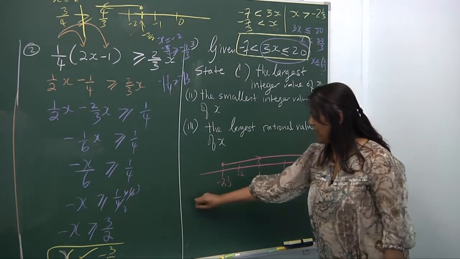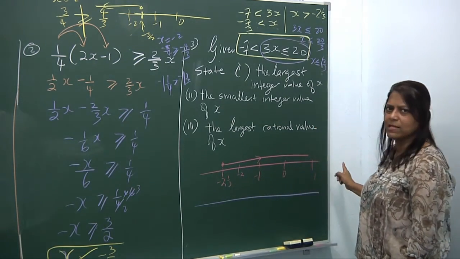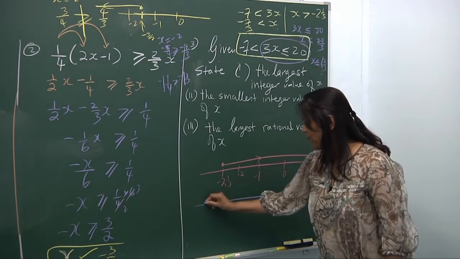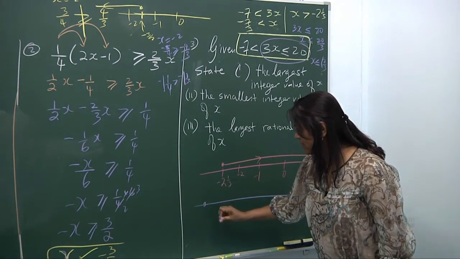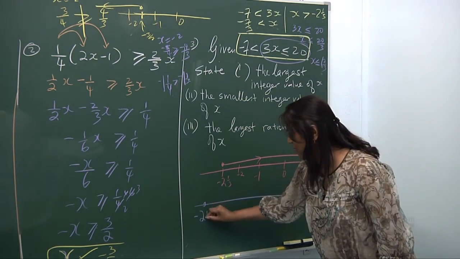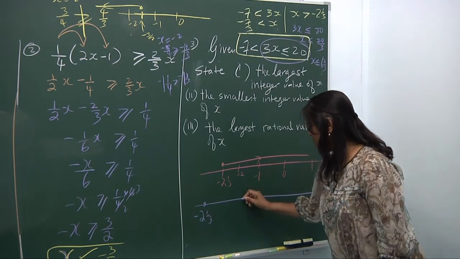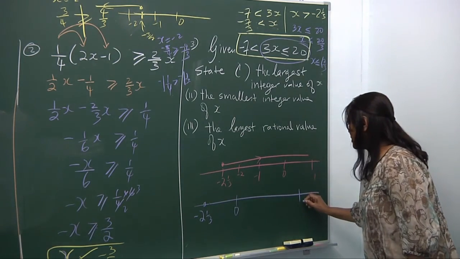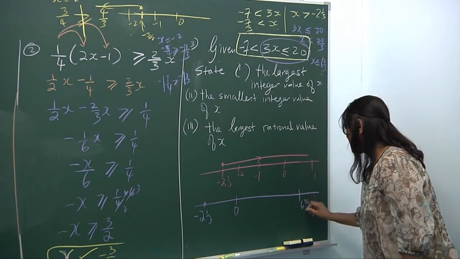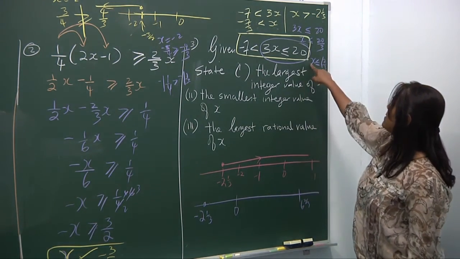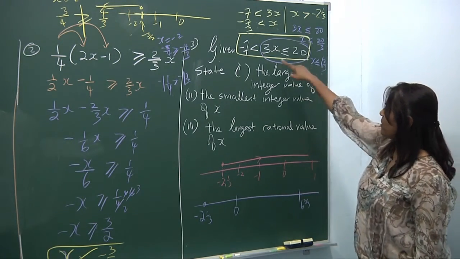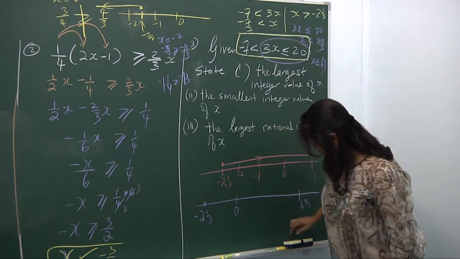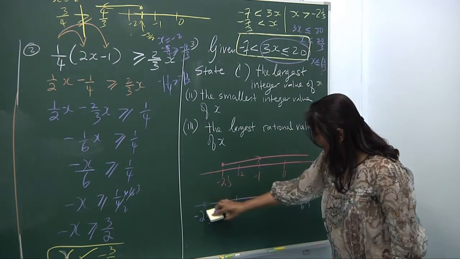So if I draw a line, because I don't have 6 and 2/3 here. If I have here this point, x is minus 2 and 1/3. And here let me put a 0. And here I have 6 and 2/3. Here there is no equal, so we just put not included for that point.